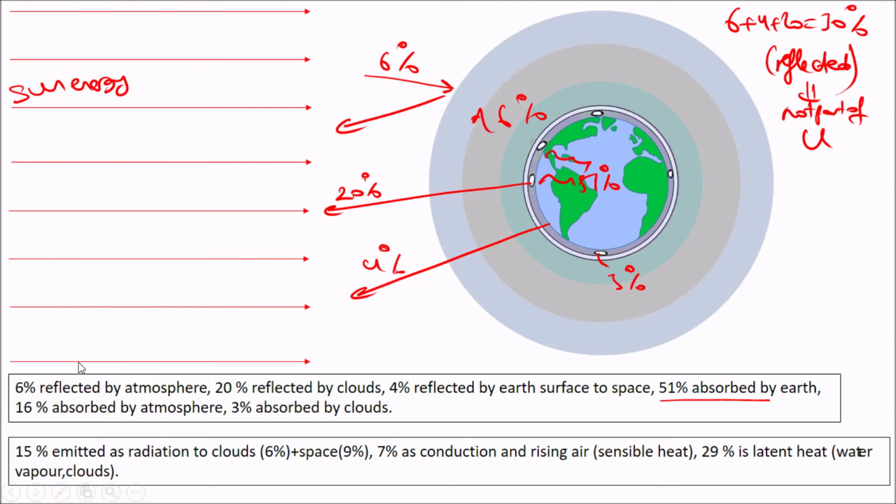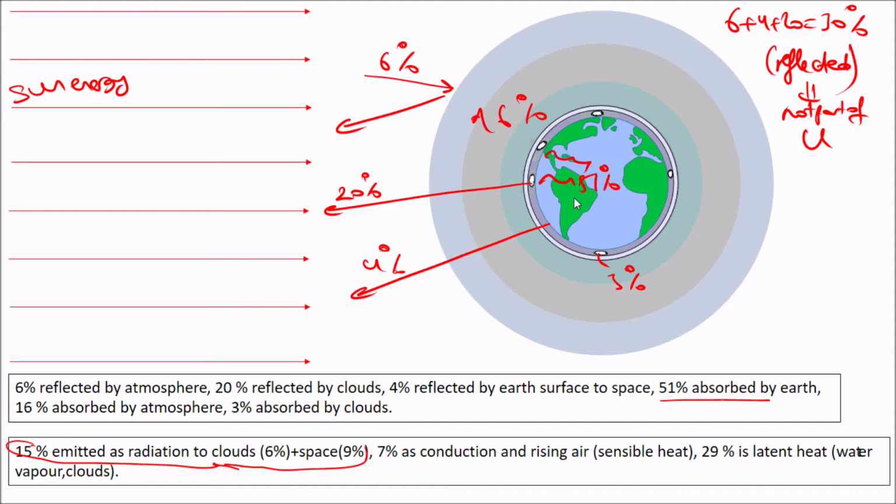Now if you see the opposite case, the energy leaving the Earth, you can see that 15% of the energy that is leaving the Earth is emitted as radiation to the clouds and the space.